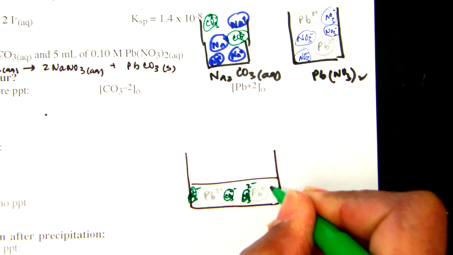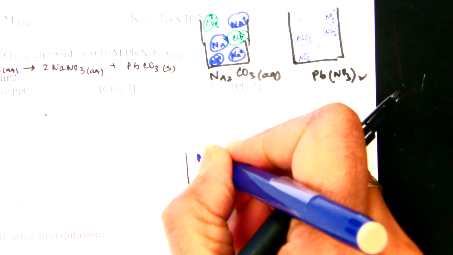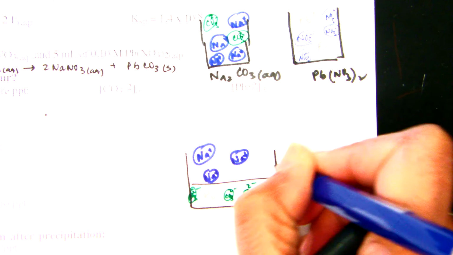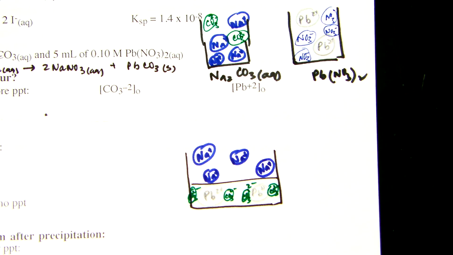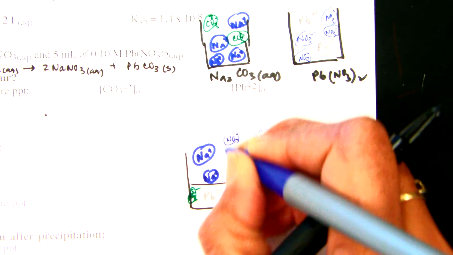And in the solution, you will still have 4 sodium ions and 4 nitrate ions. These are spectators. They were present in the solution before the reaction. They are present in the solution after the reaction and completely unchanged.